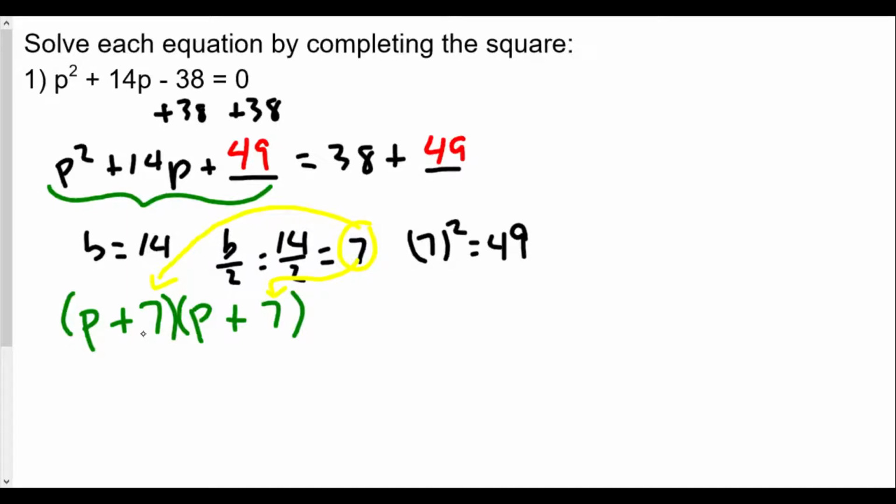In case you weren't sure how to factor, the two numbers that multiply to 49 and add to 14 are 7 and 7, and you would have gotten this factored anyway. But in case you get stuck, that's what it comes down to. We're now going to combine these two: 38 plus 49 gives us 87.